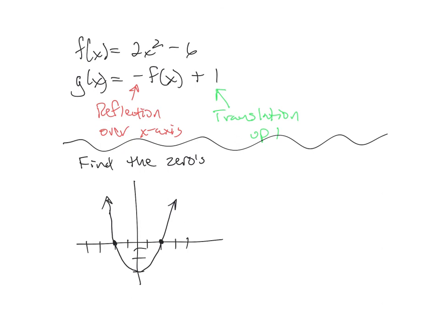So the zeros of this graph would be 2 and -2. I'll write that a little differently because that looks like a coordinate. Okay, the zeros are 2 and -2.